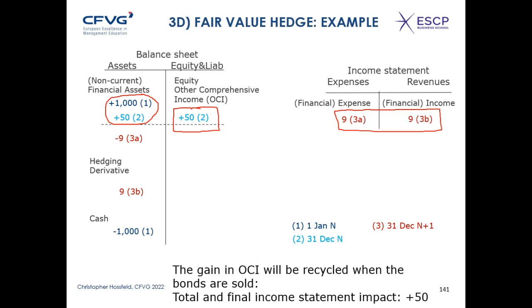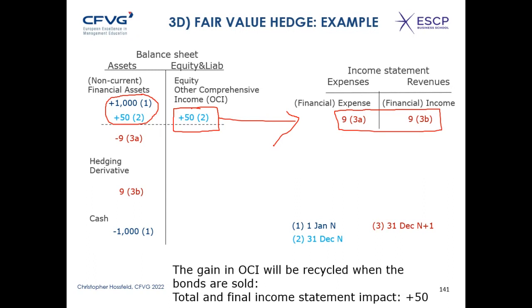And on the day I sell my bond, or maybe it arrives at maturity, then remember, we recycle the profit. That means here plus 50 in OCI means it's a profit. On the day of sale or maturity of the bond, this profit will be included in the income statement. So if I look at this transaction here, including the hedge over the whole investment period, we see that the final and total impact on the income statement will be plus 50.